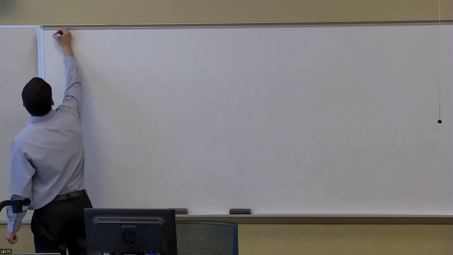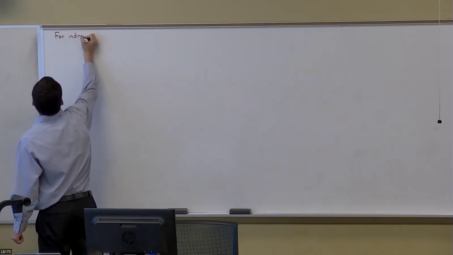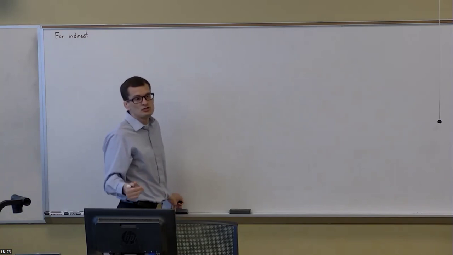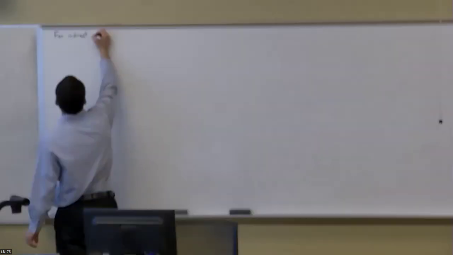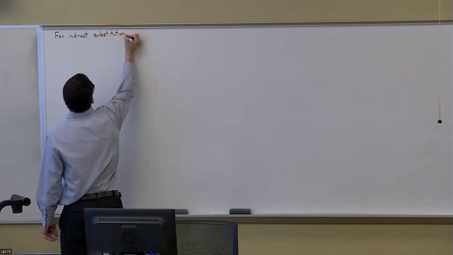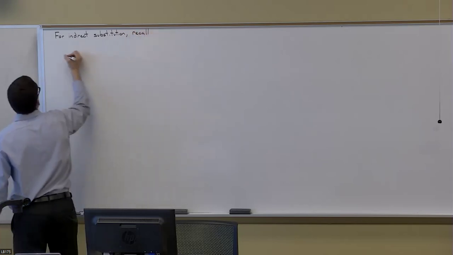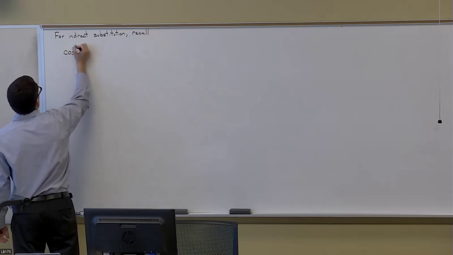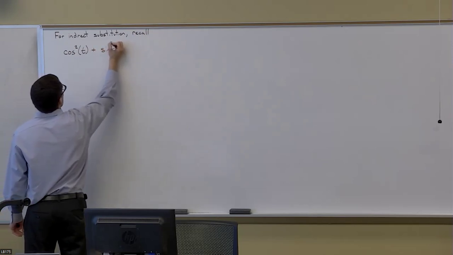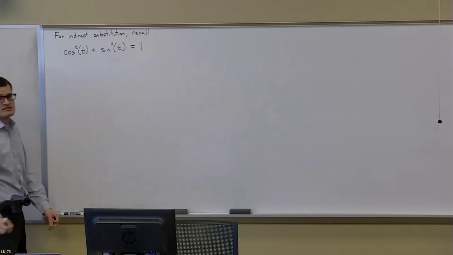So for indirect substitution, or for substitution with trig identities, I'll call it indirect substitution. Recall from last unit that if we have cosine squared of anything plus sine squared of anything, that should give us a 1.